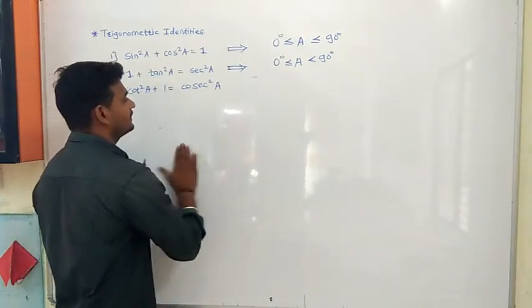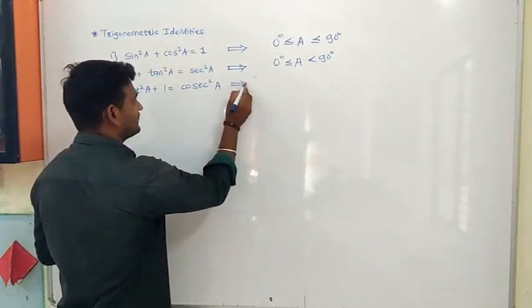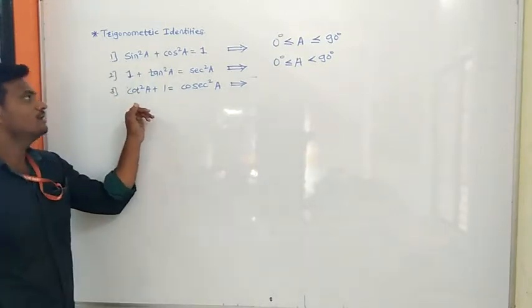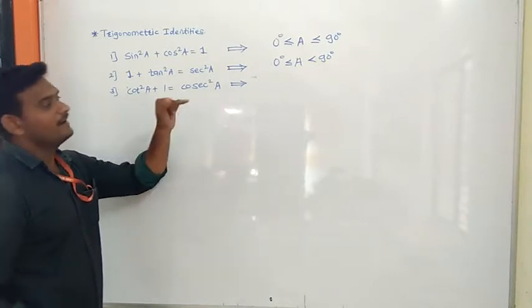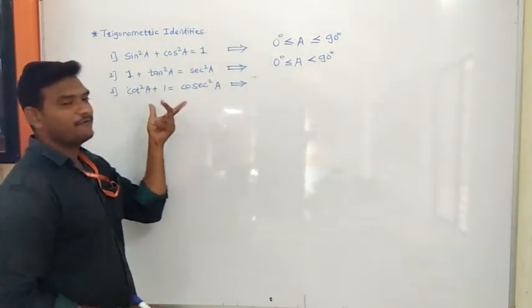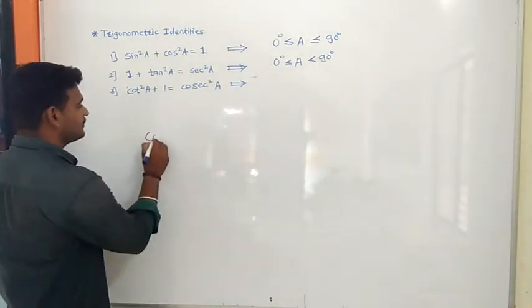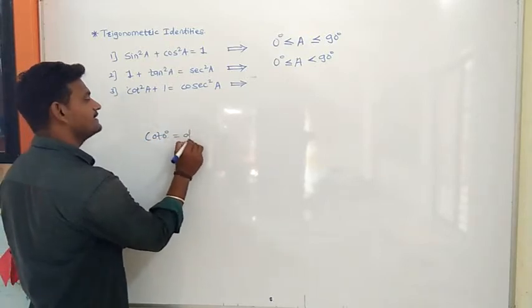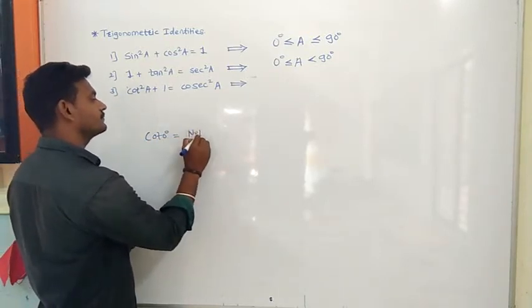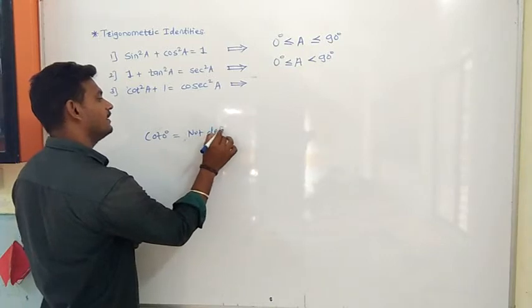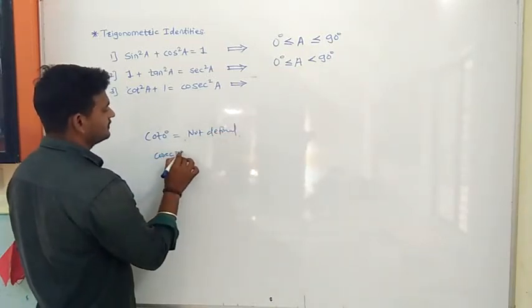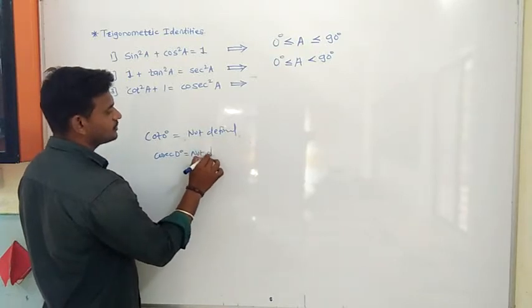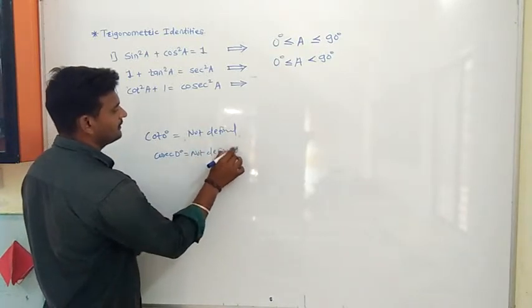Now check the third identity, cot square A plus 1 is equal to cosec square A. Whether it is valid for 0 degree or not. Cot 0 degree is not defined, and cosec 0 is also not defined.